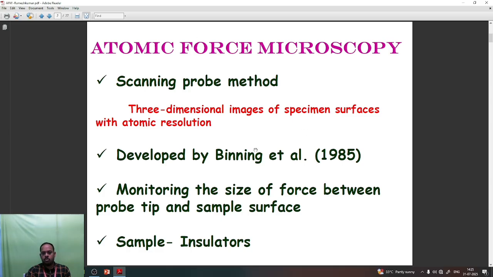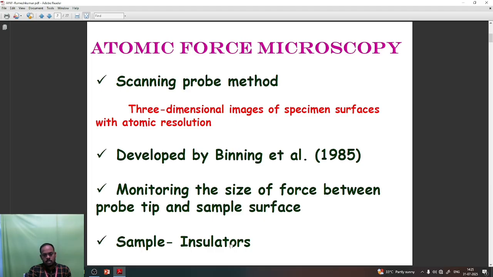So in atomic force microscopy, we mainly monitor the force between the probe, that is the cantilever tip, and the sample surface. That force will be converted into an electrical signal using piezoelectric materials. So that we will see in the next slides. This method was developed mainly for characterizing insulating samples.